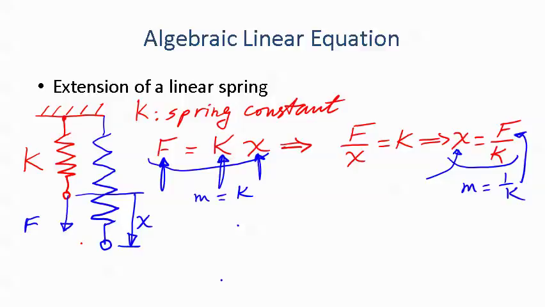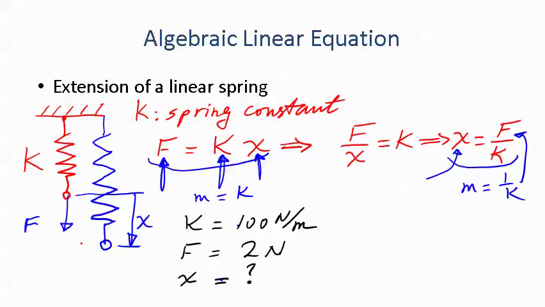If we were to analyze a spring and put some numbers into these expressions, let us say that we have a spring with a spring constant of 100 newtons per meter. So the spring constant has units of force per distance. We apply a force of 2 newtons, and we are interested to find how much this particular spring will change in length.